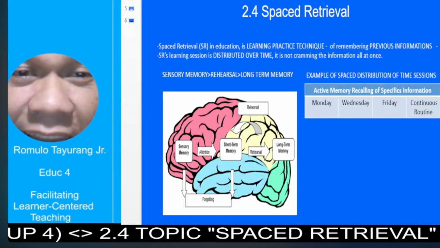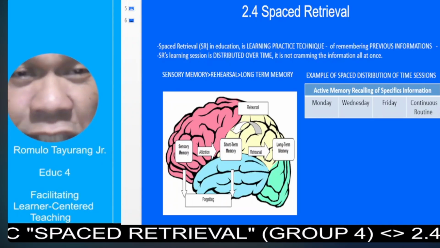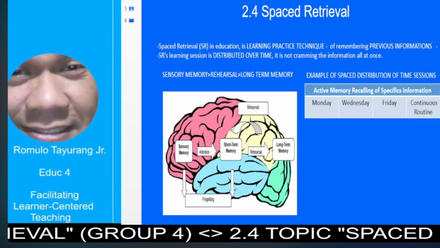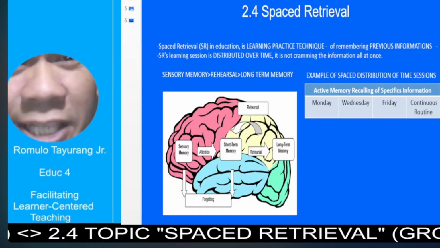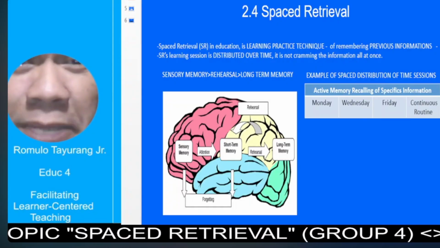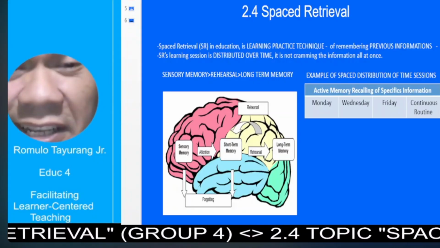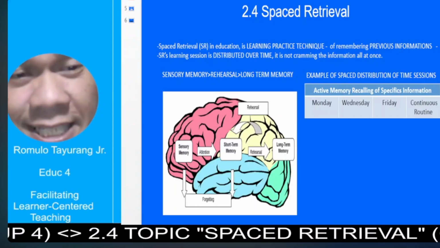Restudy, as discussed in your previous lesson, or space retrieval, as discussed today? That will be the hanging question that will be discussed or explained further in the last slide, which is now number 6.